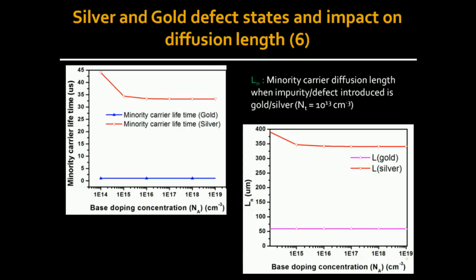There is a slight variation here, but gold is impacting much more severely than silver, and silver is problematic only once you have a very high base doping. So that is also to be considered, what base doping you are going to assume for this.